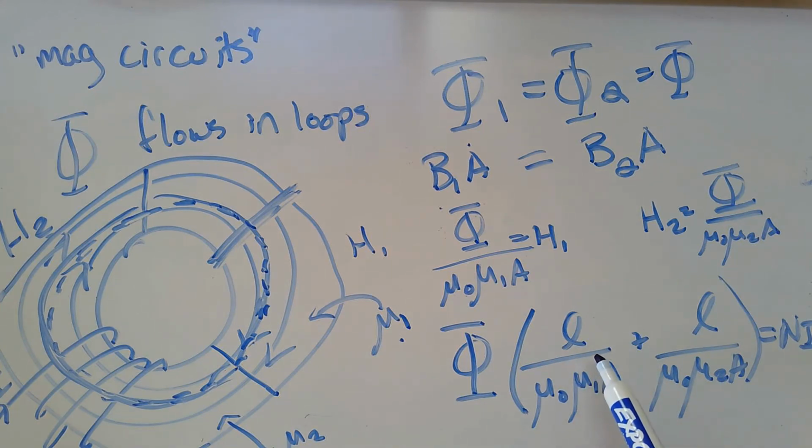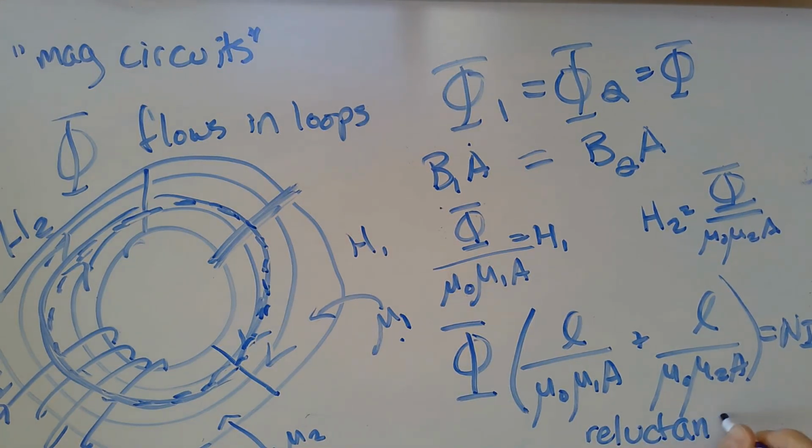Remember, the expression we came up with for the resistance of something was also the length divided by the cross-sectional area times some material parameters. This, in a magnetic circuit, is equivalent to a resistance, but we call it a reluctance. And it has a fancy R as its symbol, with a little loop R like that. It's the best I can do.